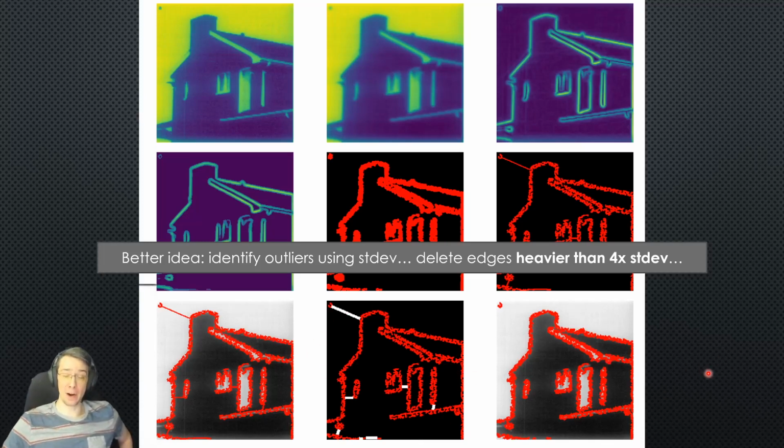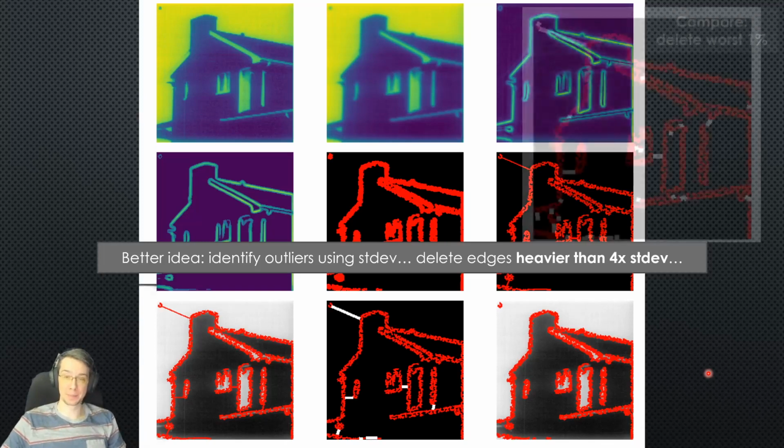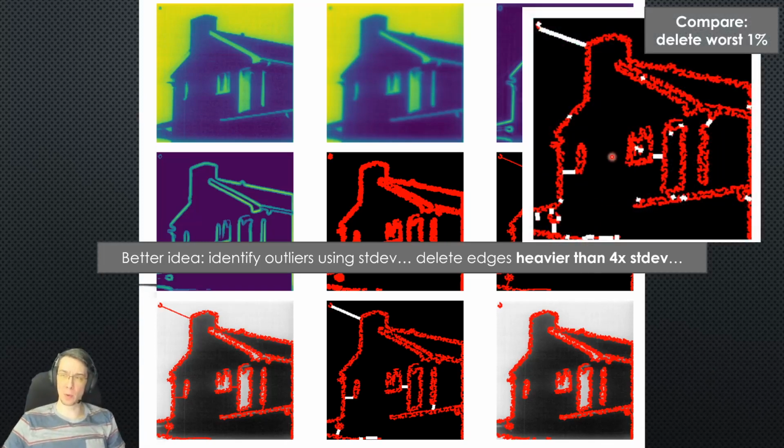And you can see I have far fewer spurious components because we're really only removing things that are extraordinarily far from the mean, and the number of things you remove varies. If you have very few things that are very, very far away from the mean, then we'll remove very few things. And if you compare with the top worst 1% edges being deleted, it does seem like this does a better job.